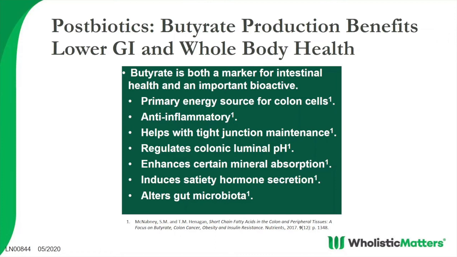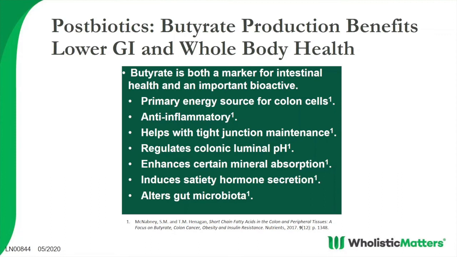Then what you can also see is that as an important bioactive, proper amounts of butyrate are important because they're a primary energy source for the colon cells. They're actually the preferred energy source of the colon cells. They most efficiently can use butyrate, and that's why it's so important that it's produced locally. When it's produced locally, it can be used as they need. It has a direct anti-inflammatory association.